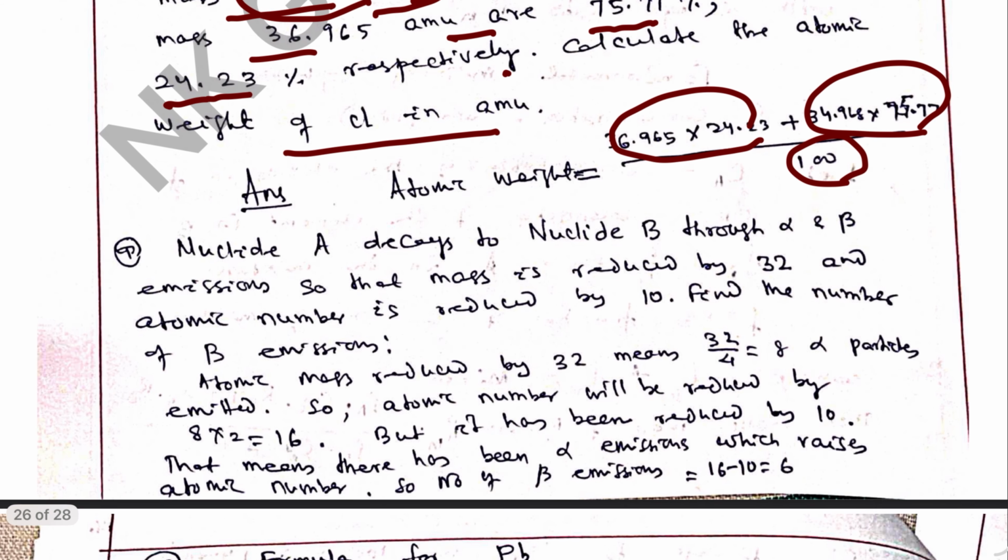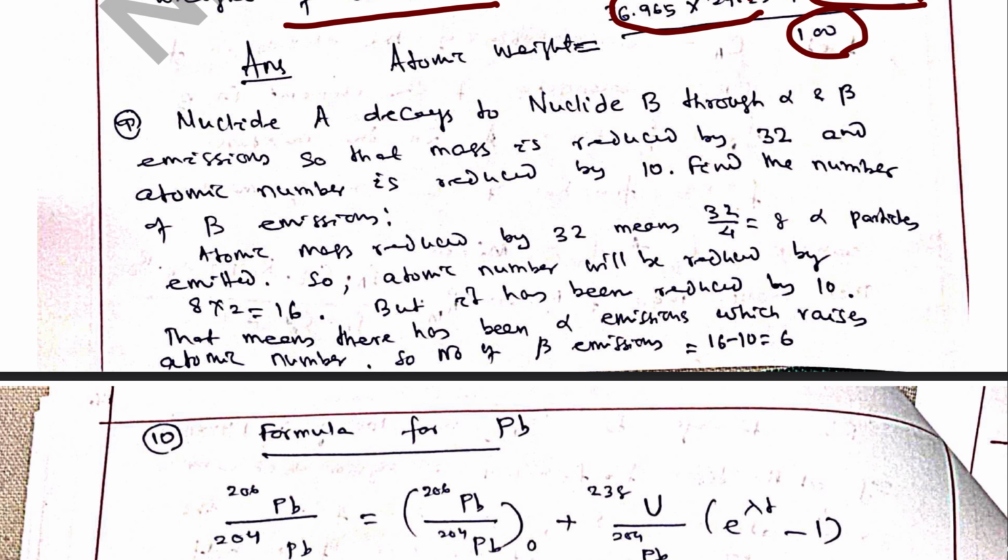So nuclide A decays to nuclide B through alpha and beta emissions, so that mass is reduced by 32 and atomic number is reduced by 10. Find out the number of beta emissions. Atomic mass is reduced by 32, which means it has faced 8 alpha emissions, 32 by 4 is equal to 8.